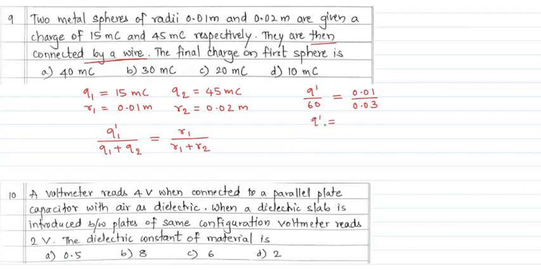So Q1 dash is equal to, if I cross multiply, 60, if I remove zeros, it is 60 by 3, that is equal to 20 millicoulomb. So the charge on the first sphere after connecting both will be 20 millicoulomb. So option C is our answer.